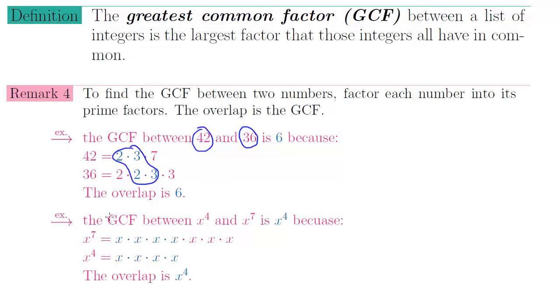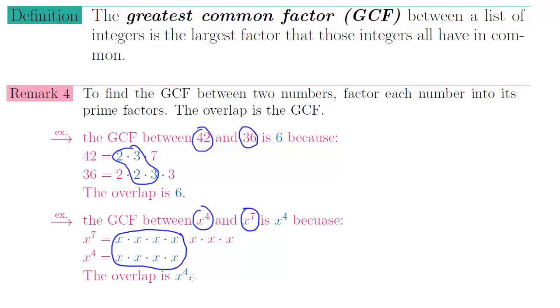Now this idea extends to variables. For example, we can find the GCF between x to the 4th and x to the 7th. We would do that by writing out exactly what x to the 7th is and writing out exactly what x to the 4th is and looking for the overlap. You see, both x to the 7th and x to the 4th have an x to the 4th in common.